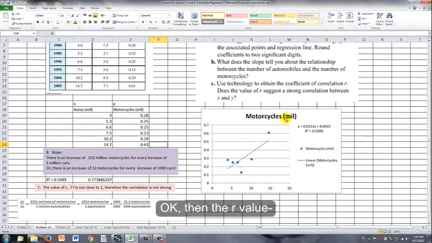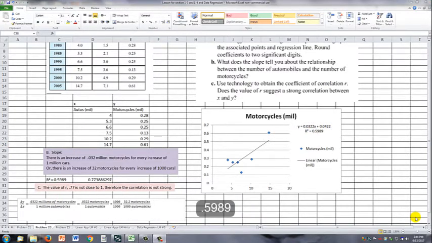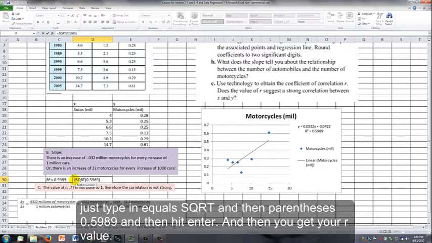Then the R value. This is your R squared value here, 0.5989, and we want the R value. So if you take the square root of this, you'll get the R value. You just type in equals SQRT and then parentheses 0.5989, and then hit enter, and you get your R value.